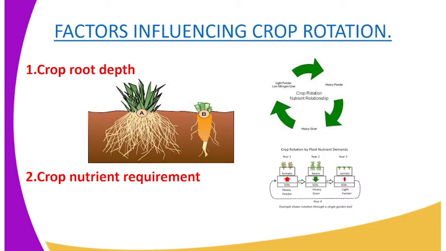And also there are crops which require a little amount of nutrients, and therefore they absorb just a little amount of nutrients from the soil. An example of a heavy feeder is a tomato, and therefore a tomato plant should be alternated with a light feeder. For example, carrot does not require a lot of nutrients.